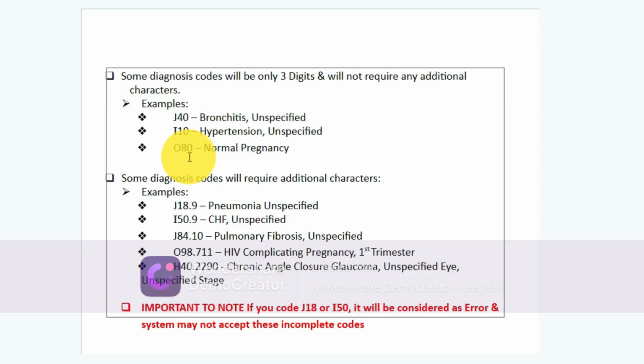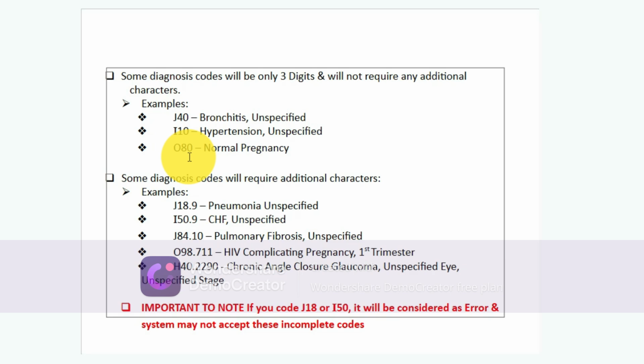Some diagnosis codes will require additional characters. Examples: J18.9 pneumonia unspecified, I50.9 CHF, J84.10 pulmonary fibrosis unspecified, O98.711 HIV complicating pregnancy first trimester, H40.2290 chronic angle-closure glaucoma unspecified.